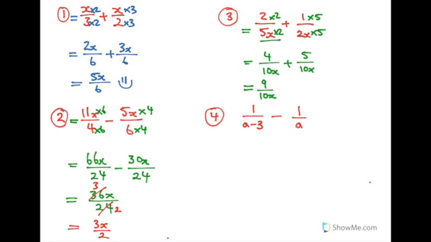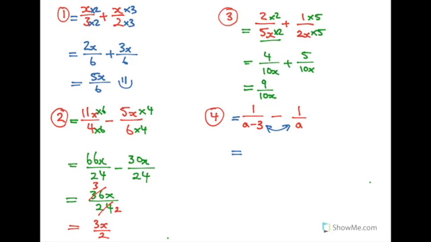Now this one here, number 4, it's almost like we want to minus 3 here, but we can't just do that. Every single one of these 3 examples, we've had to multiply something to the denominator and to the numerator. So I'm going to do the same thing and multiply them by each other.